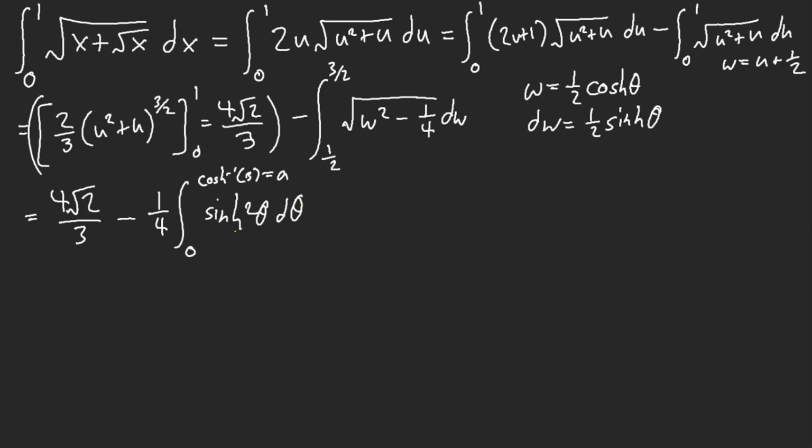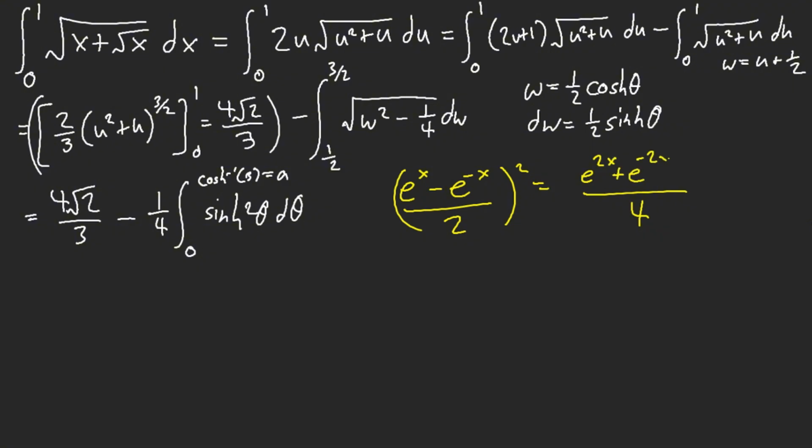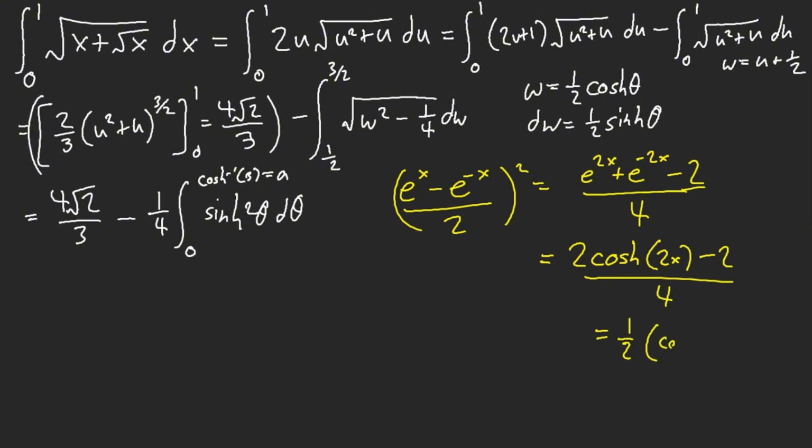Now, the way I kind of remembered is because I did this so many times, right? If we square sinh, we get 1/4 of e^(2x) plus e^(-2x) minus 2. Pretty much I end up with 2 cosh 2x minus 2, and this is equal to 1/2 of cosh 2x minus 1.